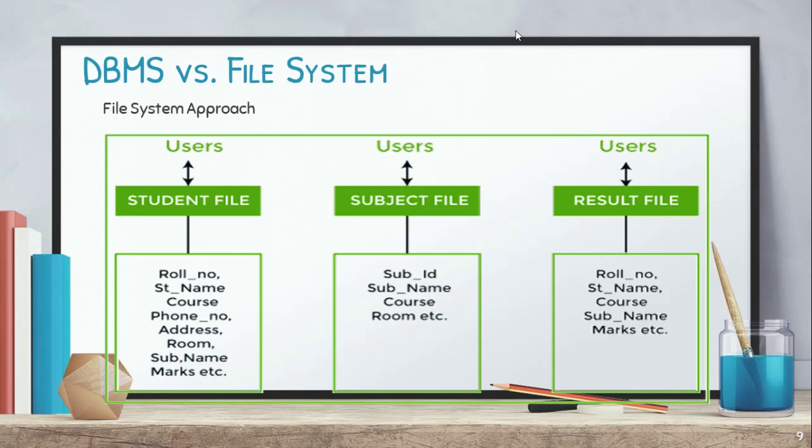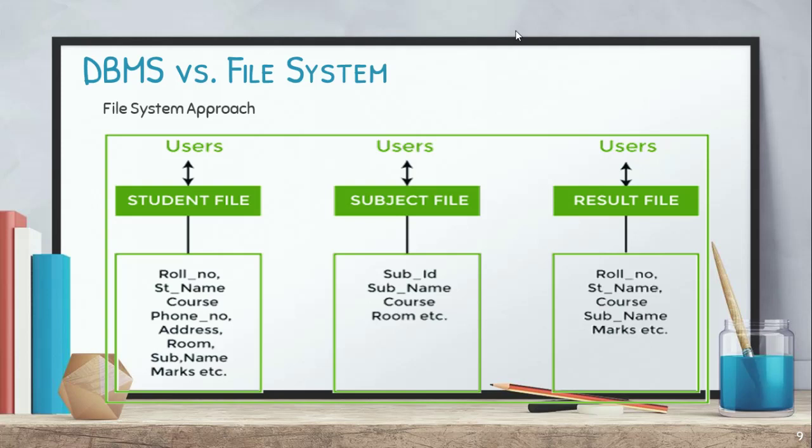In the figure, the student file will contain information regarding the student: roll number, student name, course, etc. Similarly, we have a subject file that contains information about the subject, and the result file which contains information regarding the result. Some fields are duplicated in more than one file, which leads to data redundancy.